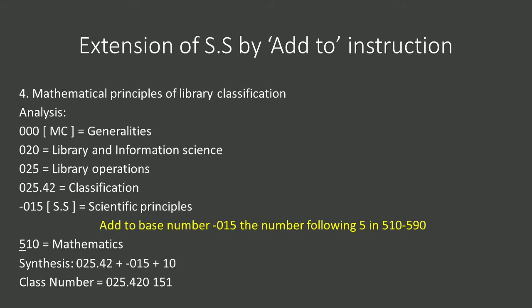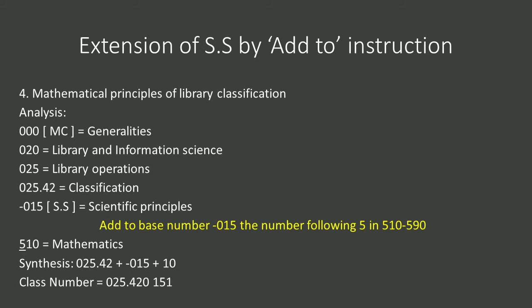Under classification, that means under 025.42 classification, there is no instruction to extend the notation. There is no instruction, but we know that we can add the notation of standard subdivision without instruction.